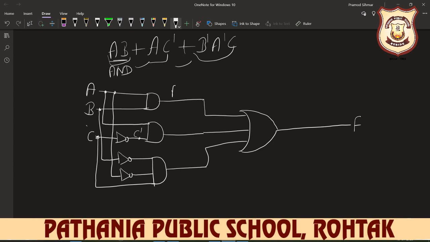Output of this is A, B. And what is the output of this? A, C complement, and this output is B complement, A complement, C. Now you write the answer here: A, B plus A, C complement plus B complement, A complement, C.